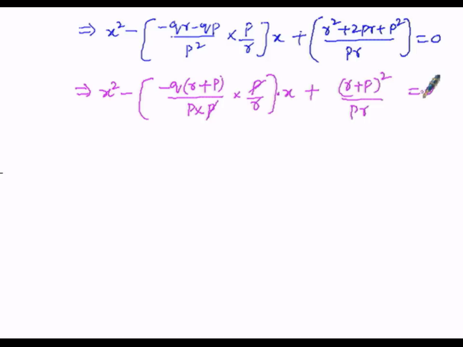Here I have utilized a square plus 2ab plus b square is equal to a plus b whole square.